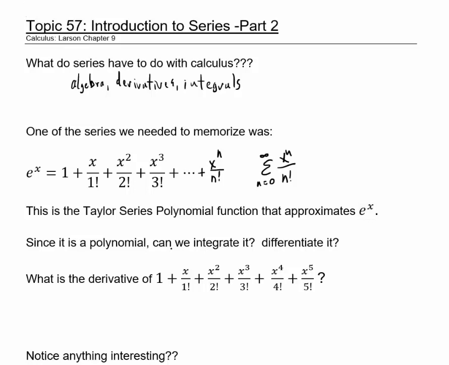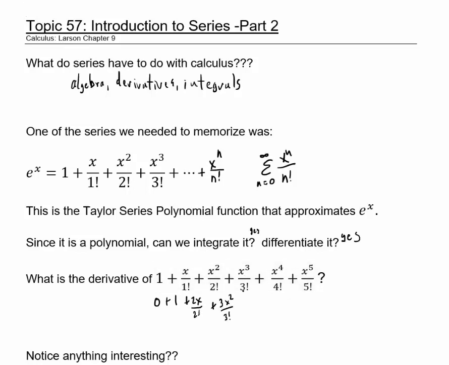So since it's a polynomial, can we integrate it? Yes. Can we differentiate it or take the derivative of it? Yes. So what is the derivative of this Taylor series? The derivative of 1 is 0, plus the derivative of x is just 1 over 1 factorial, which is just 1, plus the derivative of the next term would be 2x over 2 factorial, and then the derivative of the next using the power rule would be 3x squared over 3 factorial.